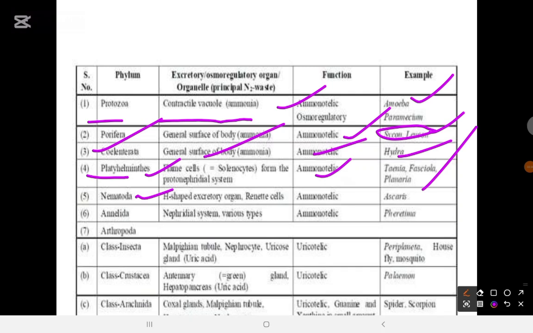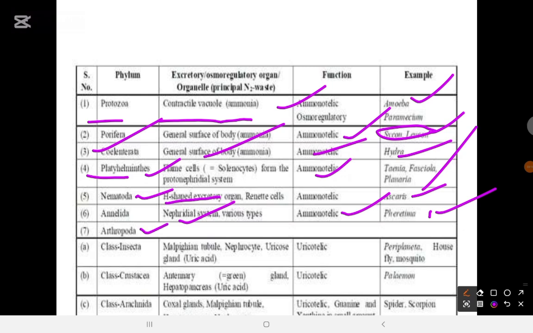We have the nematoda. They use H-shaped excretory organs, while the annelids use nephridial system, which they also call kidney. They are also ammonotelic. Examples are Ascaris, or Pheretima in the annelid. Then the arthropods.